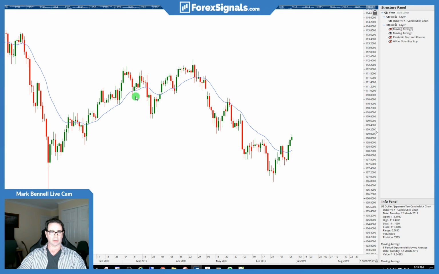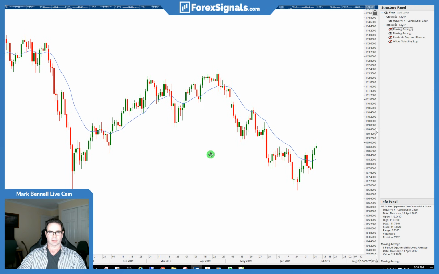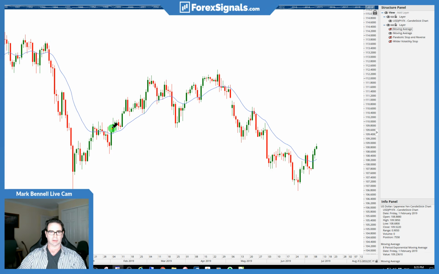It would have kept you in till about here, so giving back a decent portion of the trade. We also looked at maybe just applying a moving average cross strategy, which was the 8 and the 21.